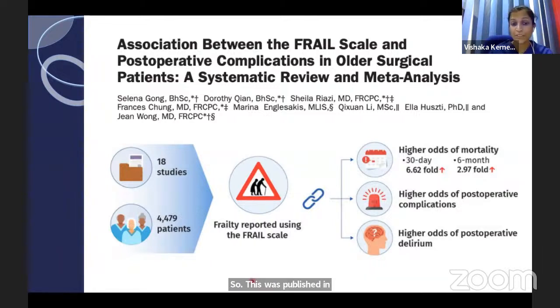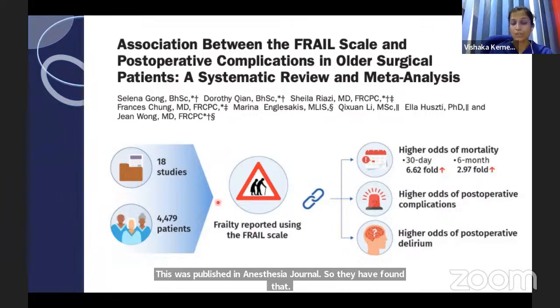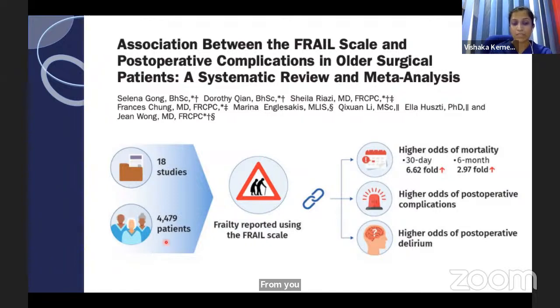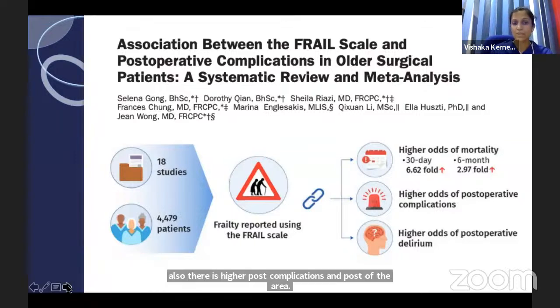They screened many databases, about 4,000 plus articles, and summarized to 18 articles which used the FRAIL scale to assess frailty. They found there is a 6-fold increase in the 30-day mortality and a 3-fold increase in the 6-month mortality just from the frailty. And also there are higher odds of post-op complications and post-op delirium. So this shows why it is important.